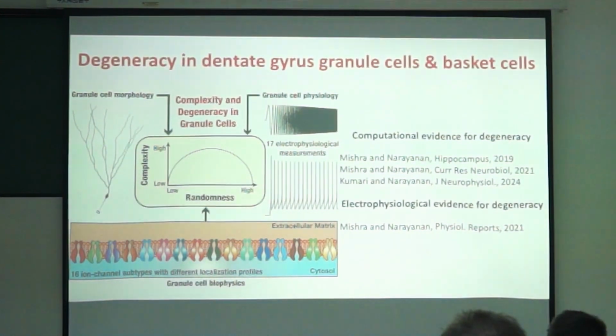This is the DG granule cells where there are a bunch of different ion channels, several different measurements on which they were constrained, and imposed them on a morphologically realistic model, and showed both from a computational perspective and using electrophysiological lines of evidence that there is a significant amount of degeneracy that is present.